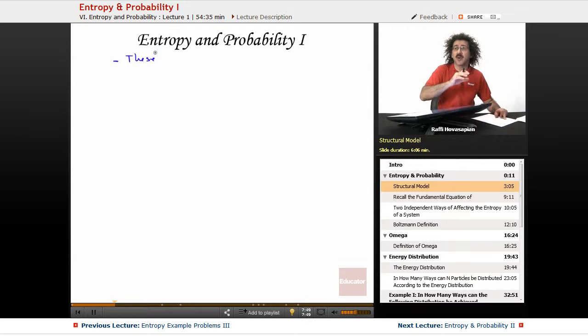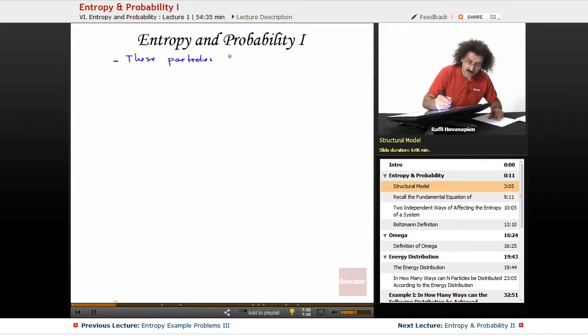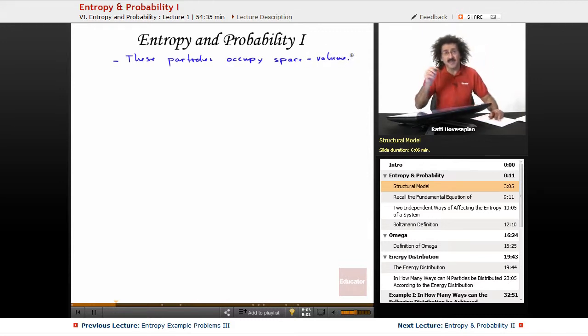Okay. Now, the next part of the structural model. The first one is that these particles have energy. Now, these particles occupy space, in other words, volume. I'm not saying that they themselves have volume. I'm saying that they are contained in a volume. There is some fixed volume that they are in. Whatever that volume is, they're occupying that space.